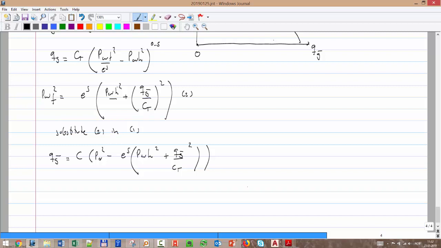PWH will be equal to PR times e to the S. So if QG is equal to 0, PWH squared will be PR squared divided by e to the S. Yes, that's correct. That means, remember, this S represents the hydrostatic head, so I'm reducing that pressure.